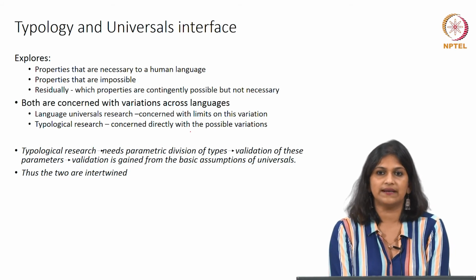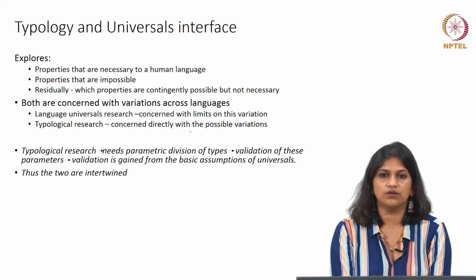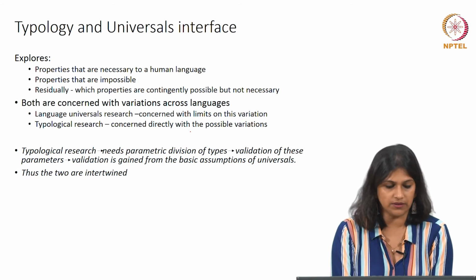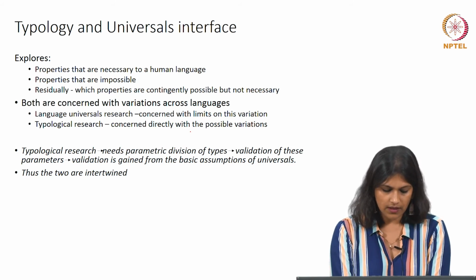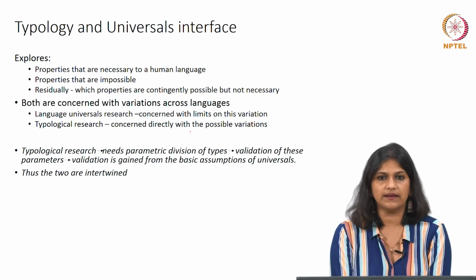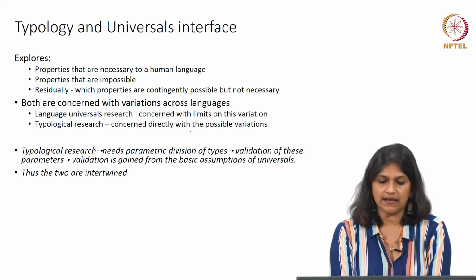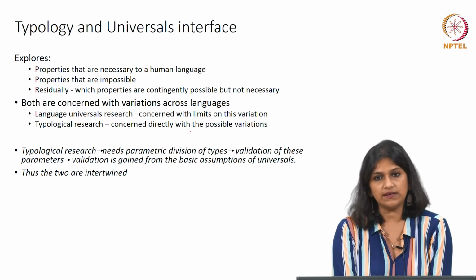So, the possibility and impossibility is also a part of the scope of typological research. So is the case with residuality, like eventually typologists also explore which properties are contingently possible, but not necessary.